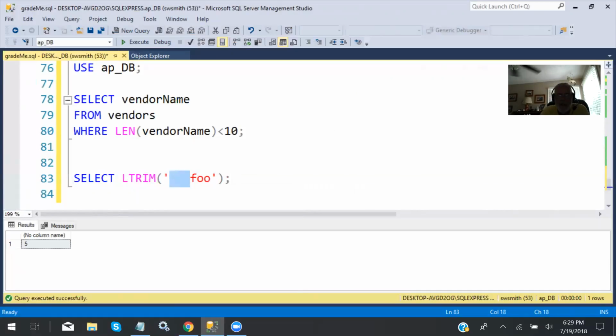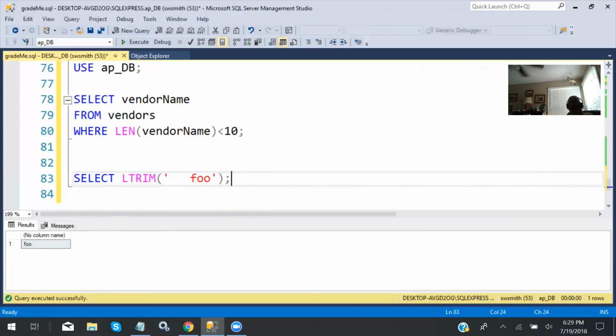Now, this string will still remain the same. If this were a variable, if this were a field, it would not change it. But what it would return is foo without the stuff on the side. If I just said to select this, then you would get it back with the spaces. Okay.